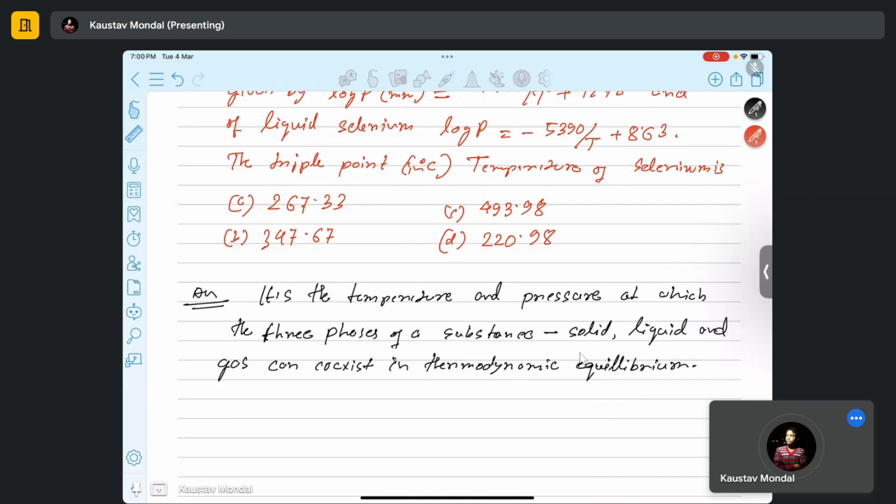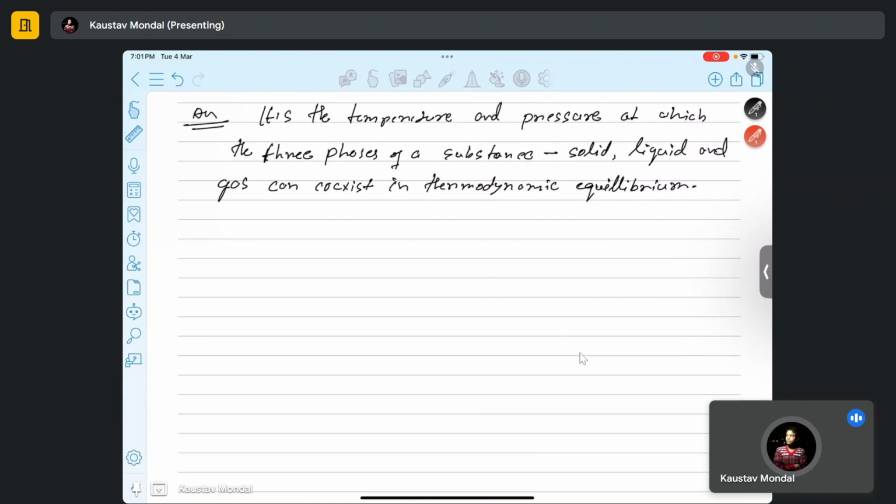Let me also give you a diagram. This is a schematic diagram.